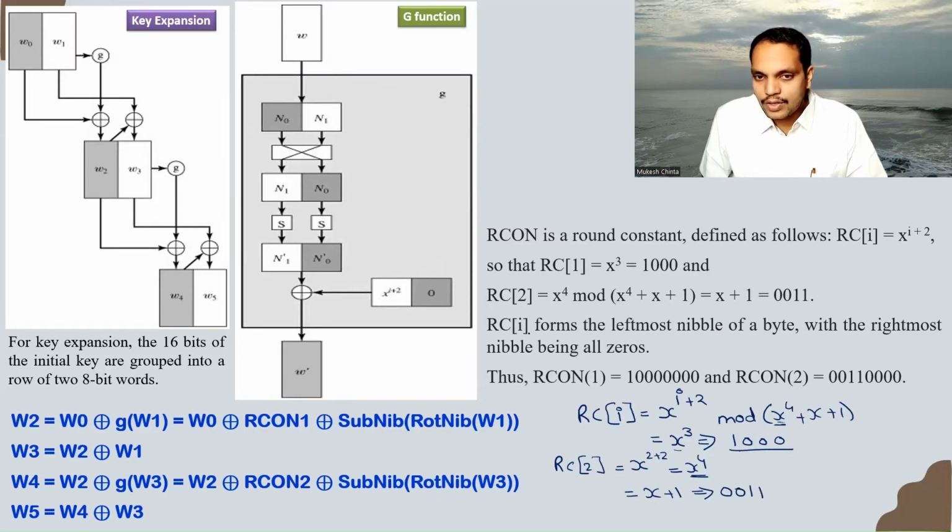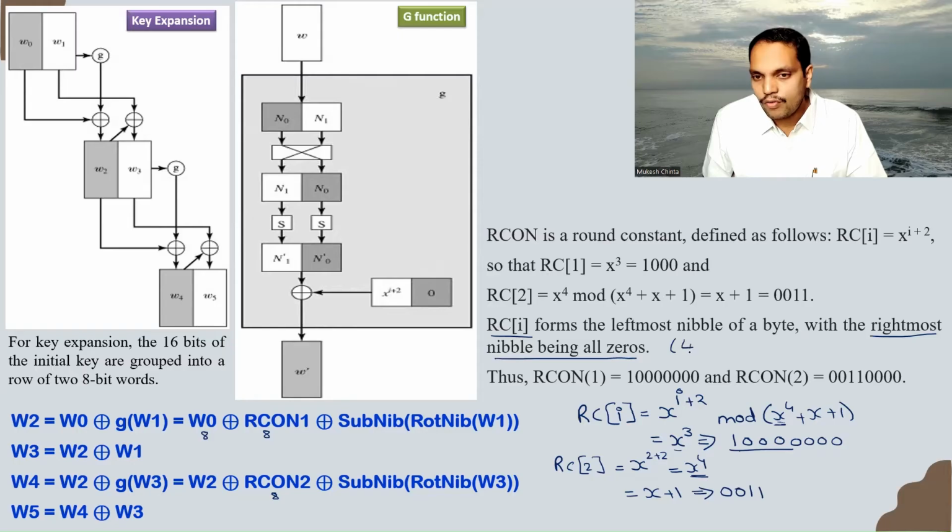You can see RC of I forms the leftmost nibble of a byte. We need a byte here because we are exclusive ORing with 8 bits. We need 8 bits for round constants also. So I got the first 4 bits. The remaining 4 bits are zeros, with the rightmost nibble being all zeros.